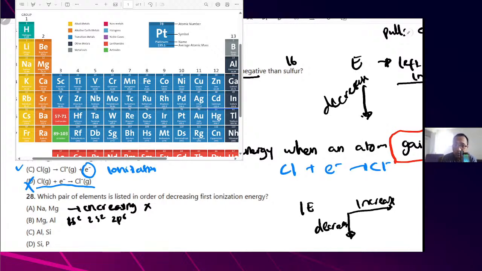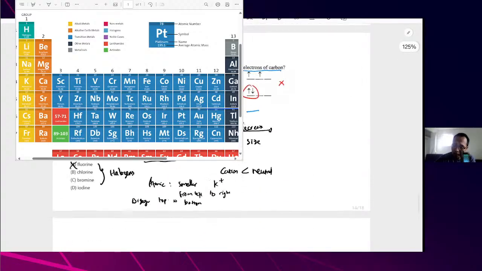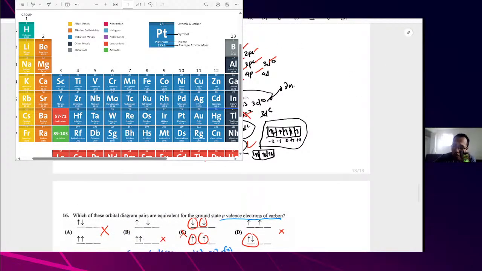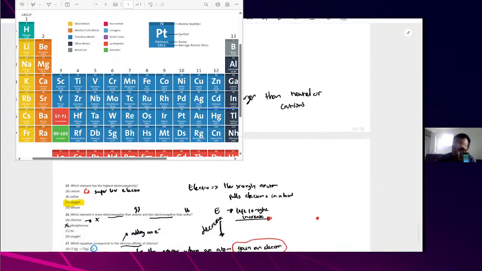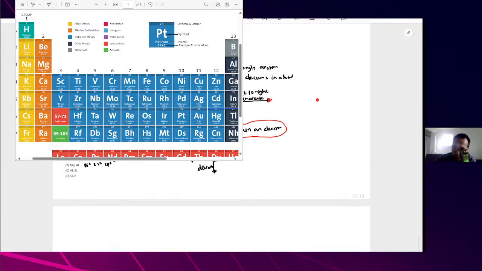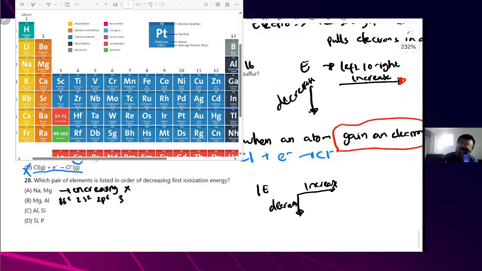So this is already 10. And then, like we already did, 1s2, 2s2, 2p6, and then 3s2. So this one corresponds to Mg, so 12.